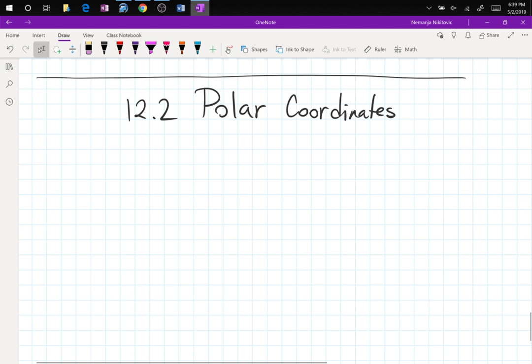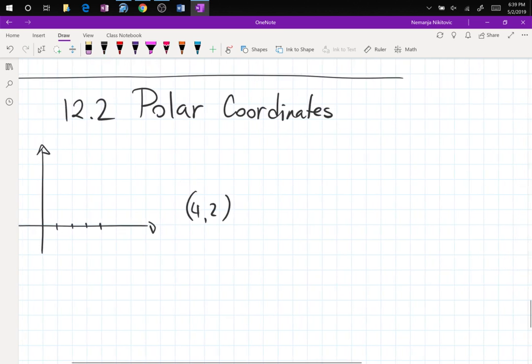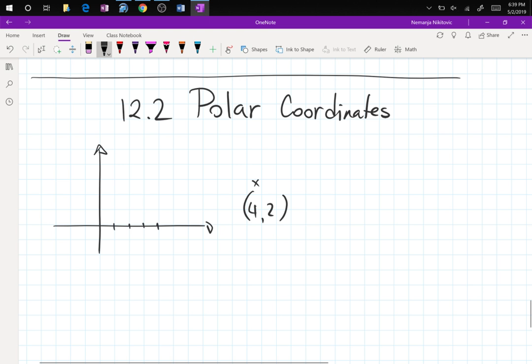You are used to reaching the point, let's say 4, 2, by going 4 units on the x-axis because your x is 4. And then when you reach 4, you go up 2 units as y, and you reach your destination 4, 2. And this is what you have done since the dawn of your time, right?